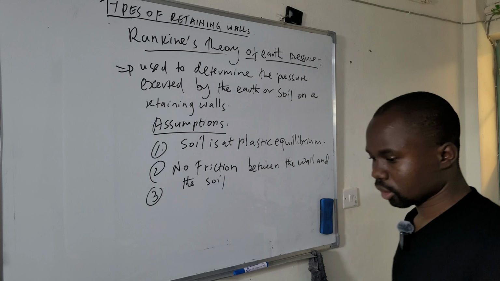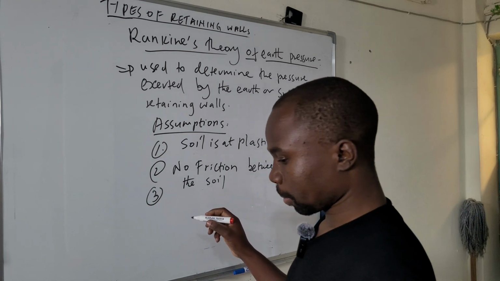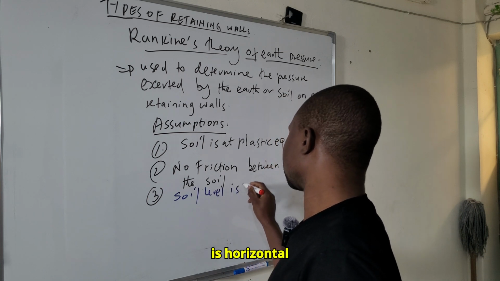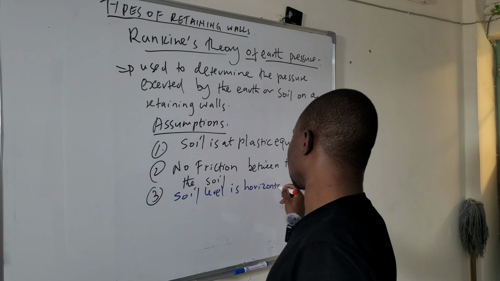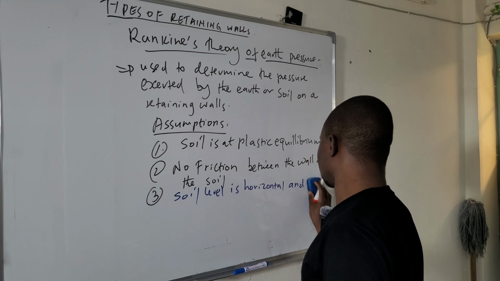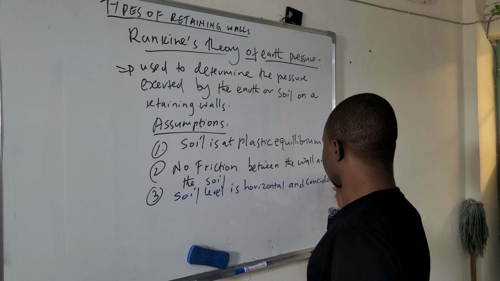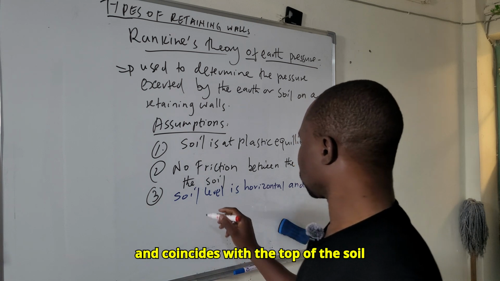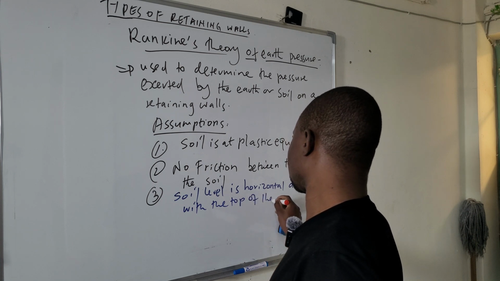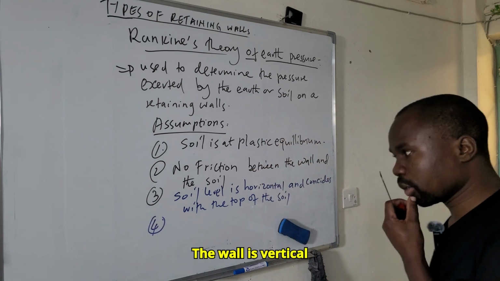And then number three, soil level is horizontal and coincides with the top of the soil. Number four, the wall is vertical.